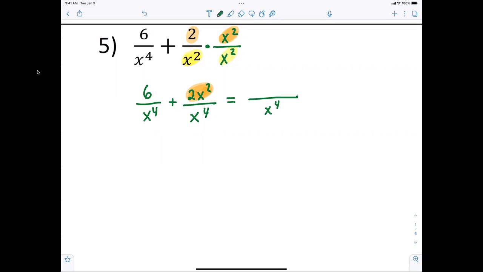Can you add those two things together? No, they're different. So if you want to put 6 plus 2x squared, that's perfectly fine. But generally, we put the exponents in descending order. So that is your answer, 2x squared plus 6 over x to the fourth. I don't think that's that difficult.